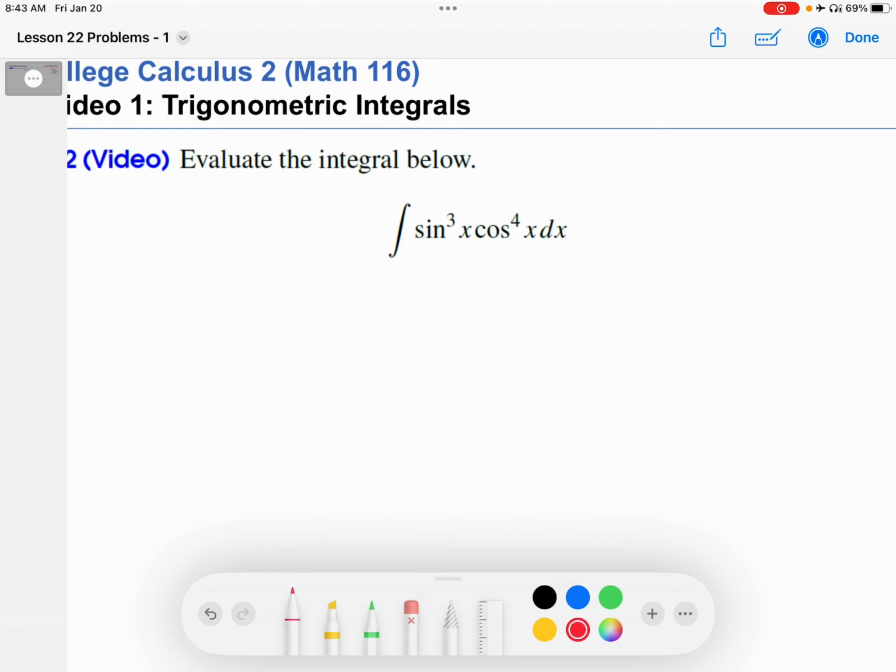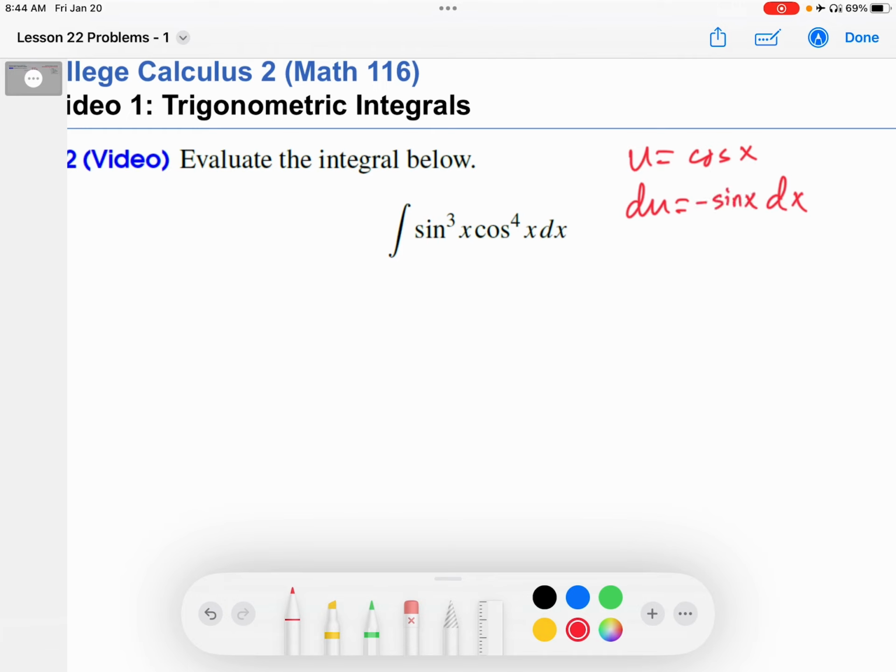Okay. So I'm going to go over this as written and then show you what we can do to solve it. The main idea behind the guidelines in the lesson notes is that we know if we did a u-substitution, u equals sine x, for example, and du equals cosine x dx. Actually, let me be consistent with what is in the lesson notes, and let u be cosine x and du the derivative, minus sine x dx.